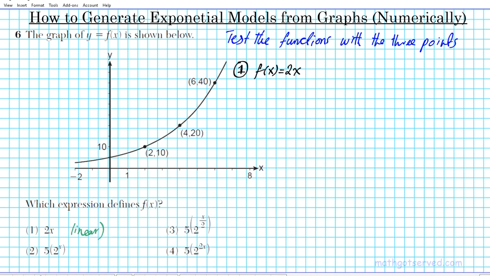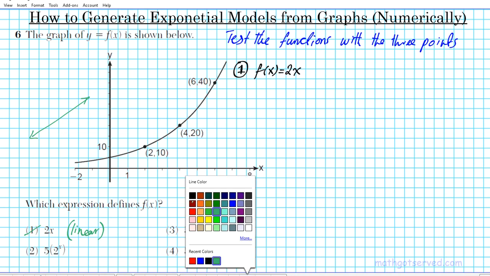It means that when you draw the graph of this function, it's going to be a straight line with a y-intercept of 0 and a slope of 2. This graph is curved, it's not a straight line, it's an exponential function. So based on that observation alone, we should automatically know that number 1 is not the answer.